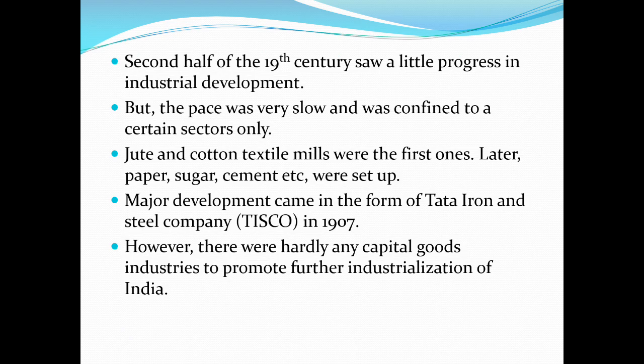Then later, paper, sugar, cement, etc. were set up. In the sugar industry, India had plenty of sugarcane fields, so they had a lot of sugarcane crops. There were a lot of byproducts of sugarcane, isn't it? The first thing was sugar, and it goes on to jaggery and all those things.